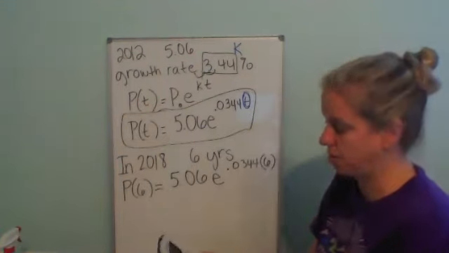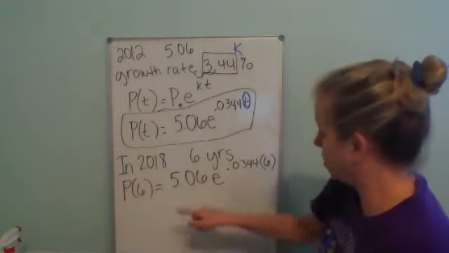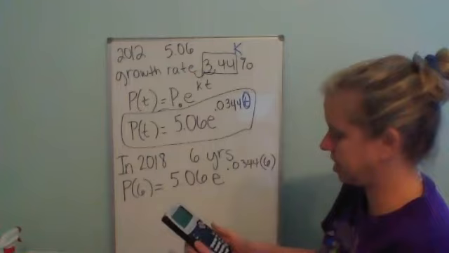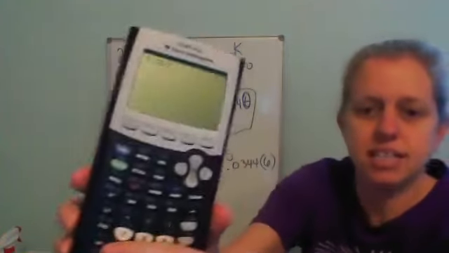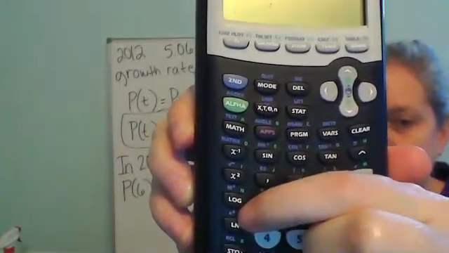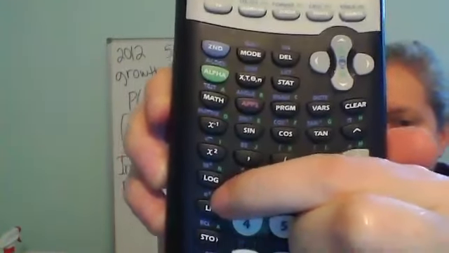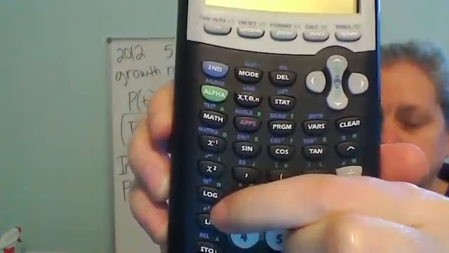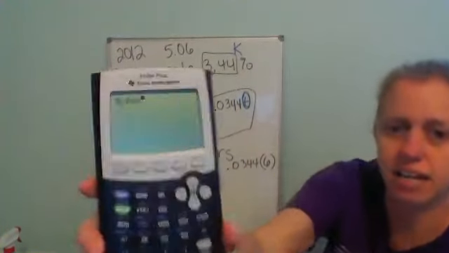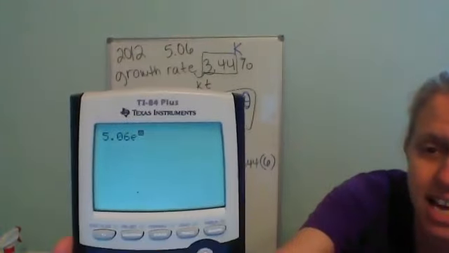Let me show you what that would look like. I'm plugging in 5.06. You'll see this e to the x is right above that LN button. To get to that e to the x, I'll need to push the second button. So second LN will get you the e that you need.